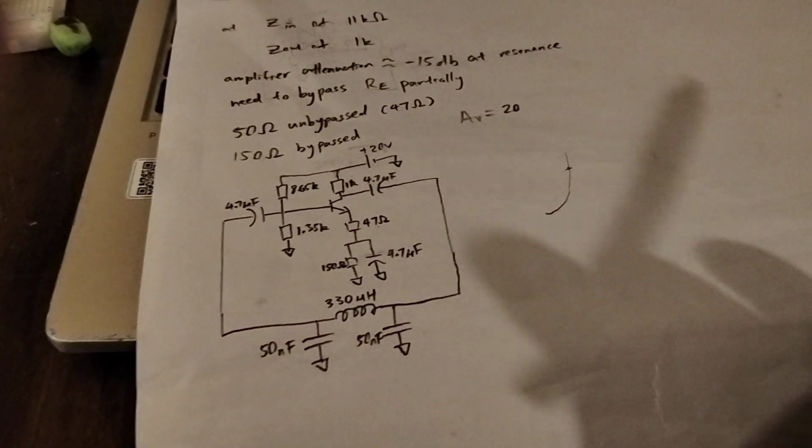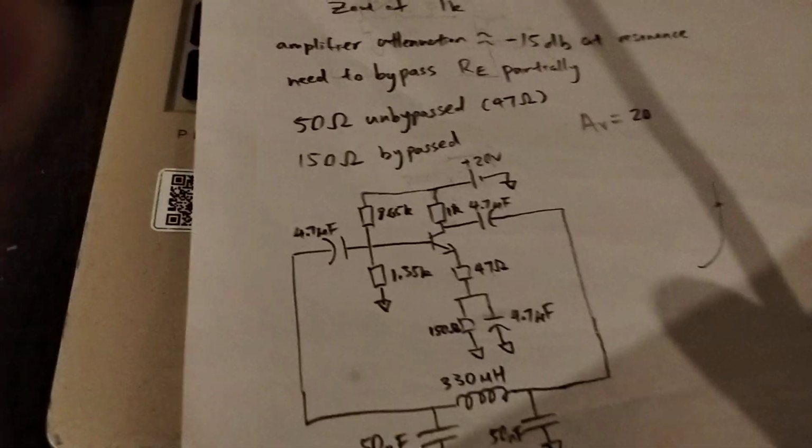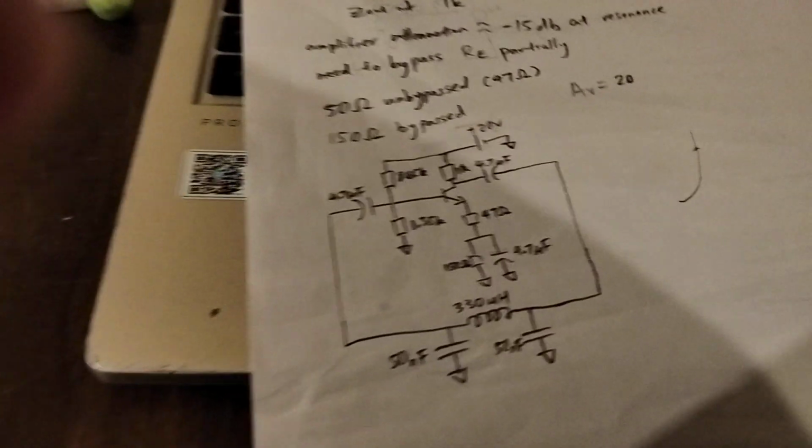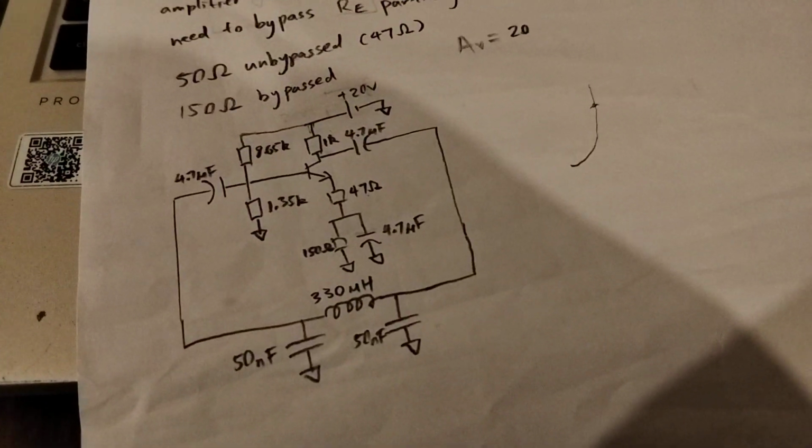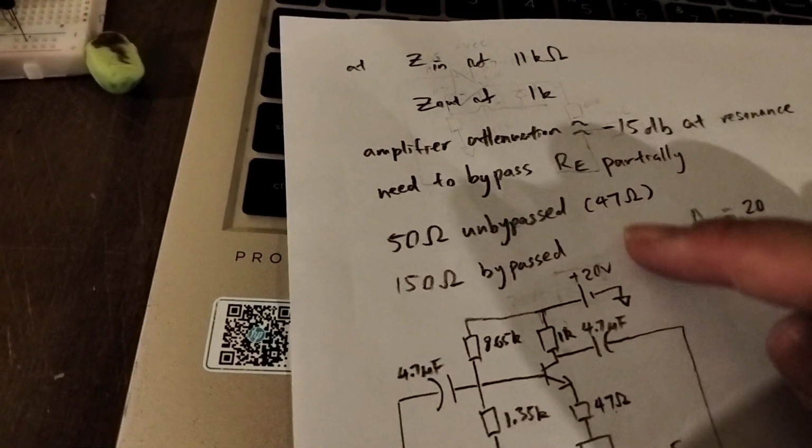And lastly, I want to talk about a few things that I encountered when building the circuit. At first, my calculations ended up using a 47 ohm unbypassed resistor.